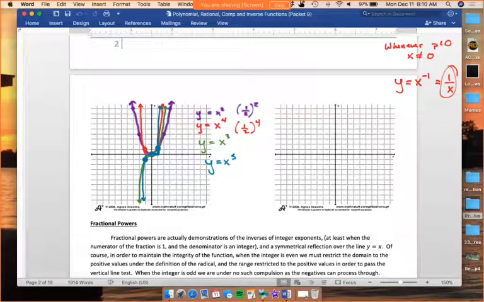And if the numerator is 0, well, that's your k. k would have to be 0. And then it's not really a power function anymore. It's just y equals 0. And so we have asymptotes for our graph on the axes, so that y can't be 0 and x can't be 0.